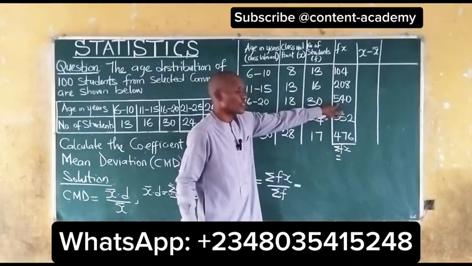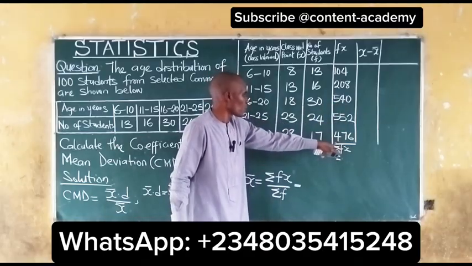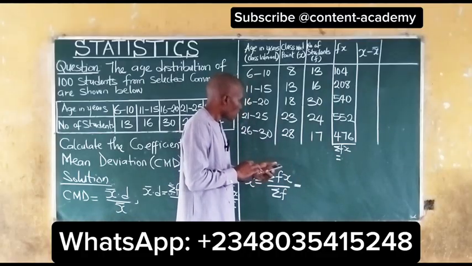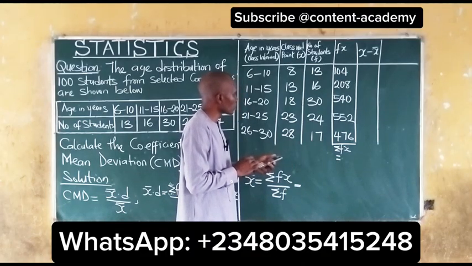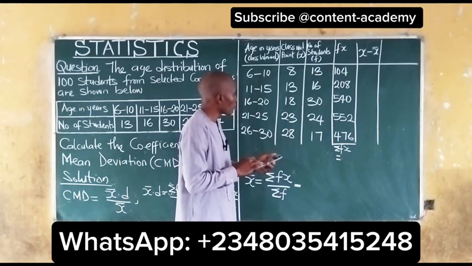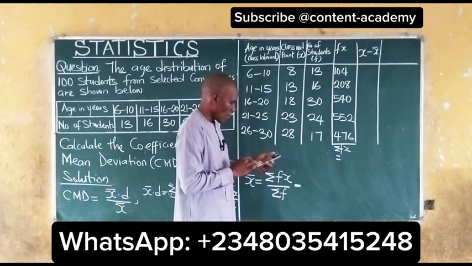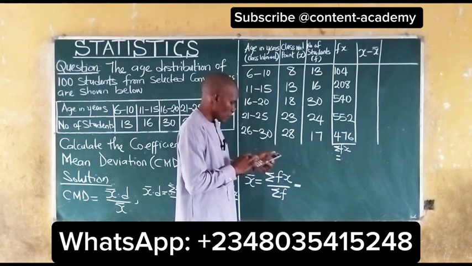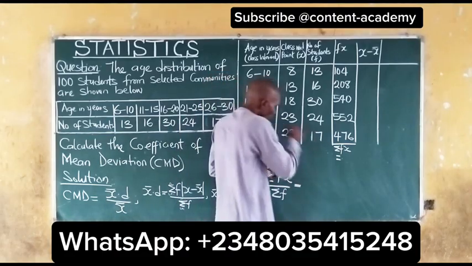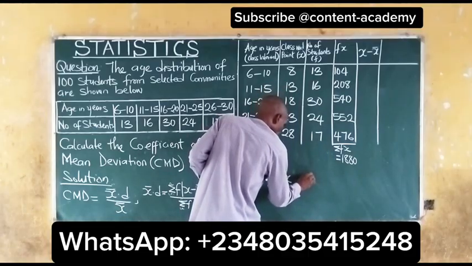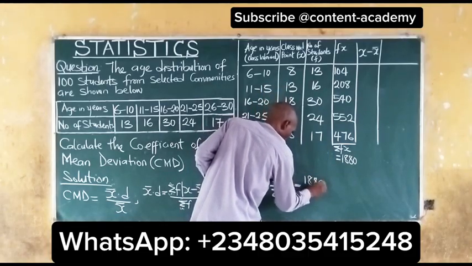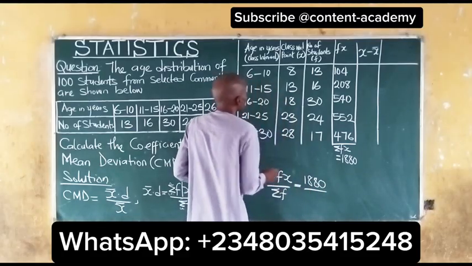104 plus 208 plus 540 plus 552 plus 476. So we have 1880, divided by summation of f.